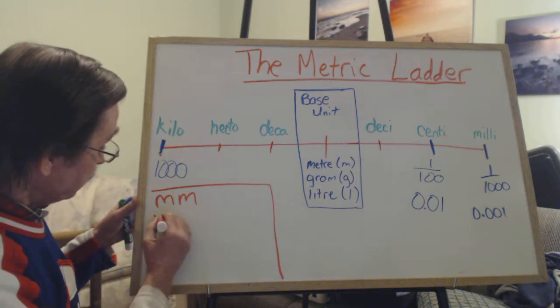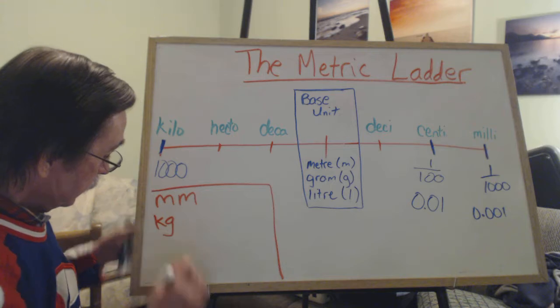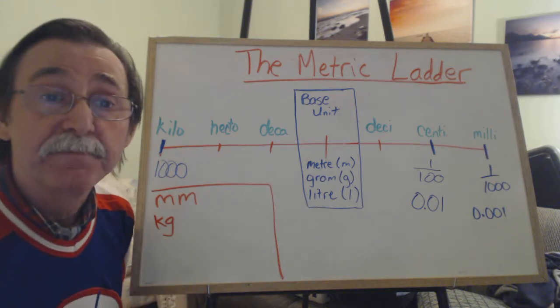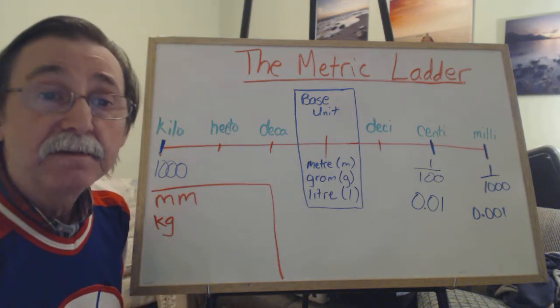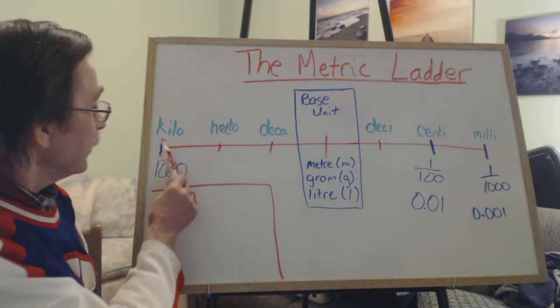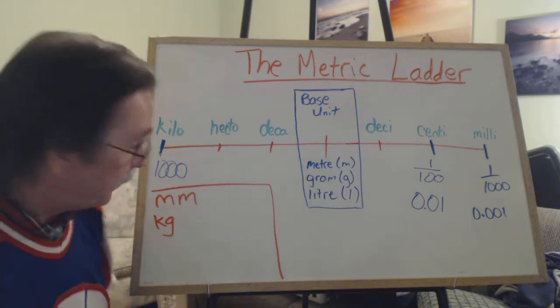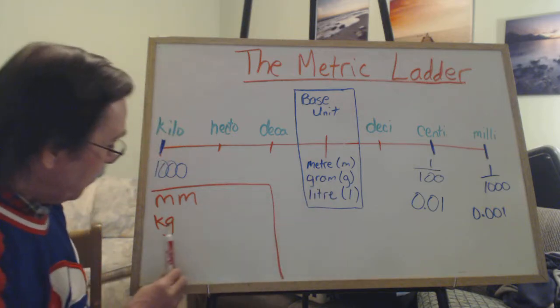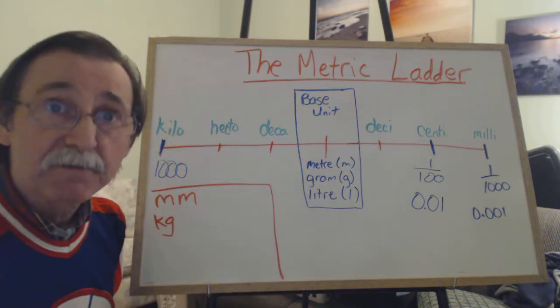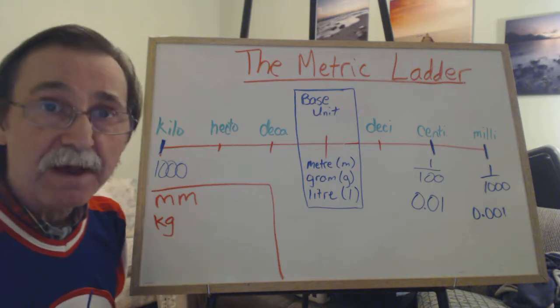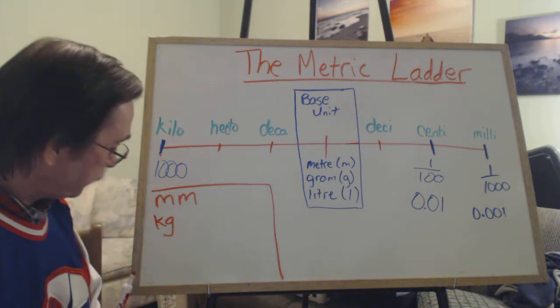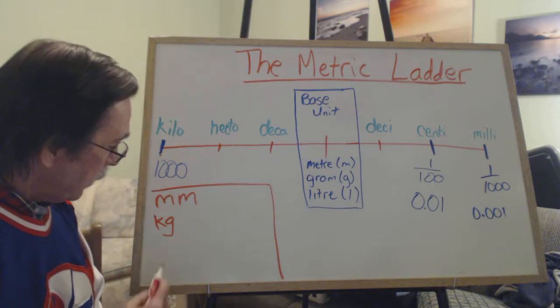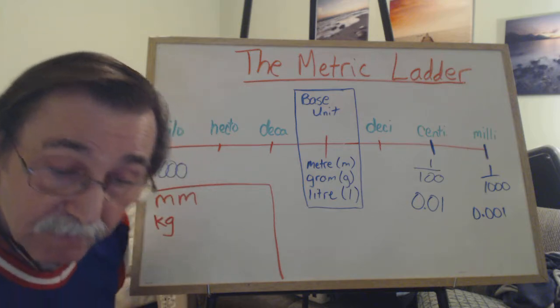This one here, there's two letters. Well, K, kilo. G is the base unit gram, so kg means kilogram, 1,000 grams. And what else do we have there?